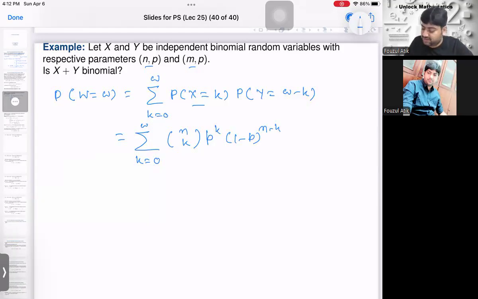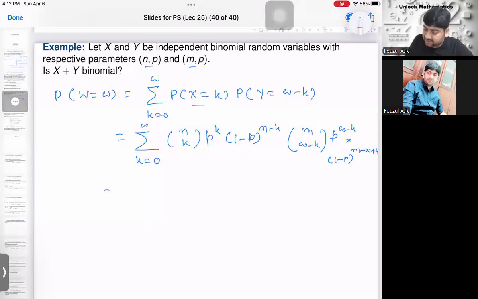At the same time, Y is also a binomial (m, p) random variable. So Y equal to w minus k is what? It is mC(w minus k) p to the power w minus k and into (1 minus p) to the power m minus w plus k.